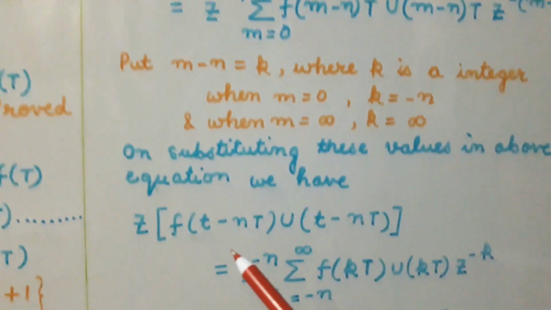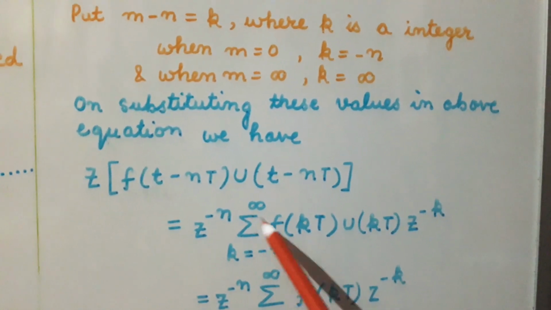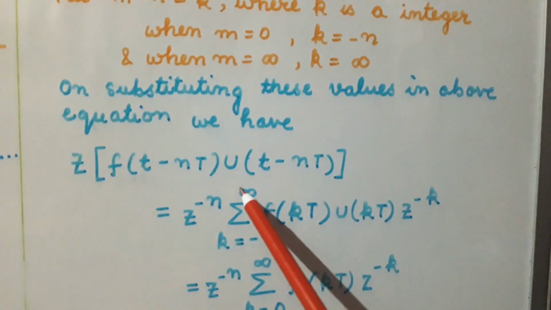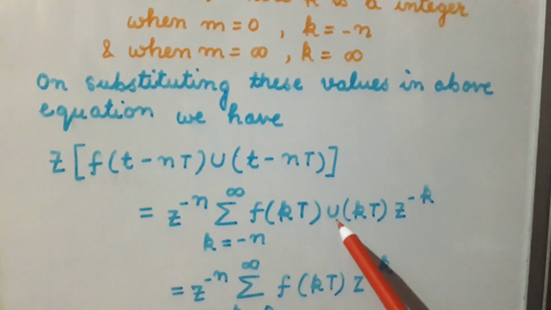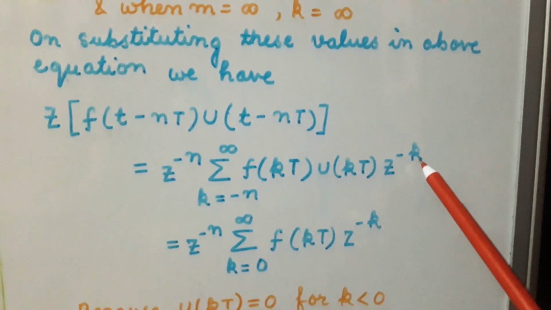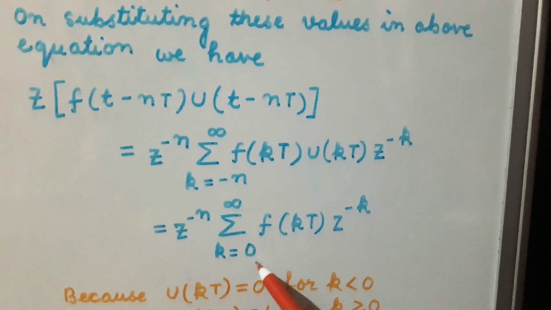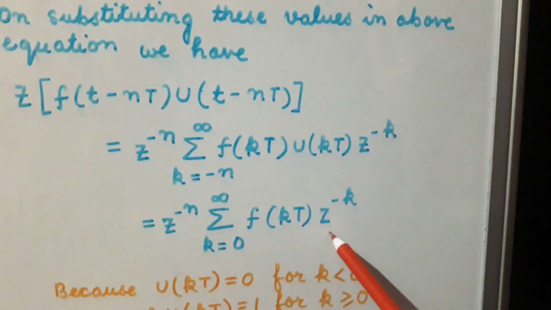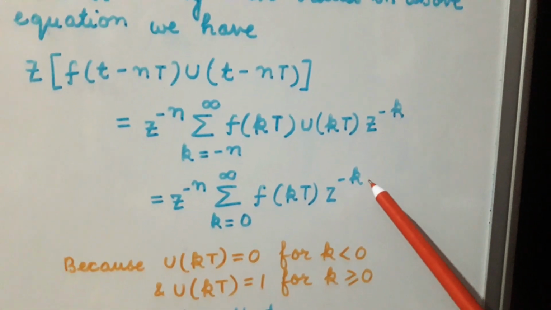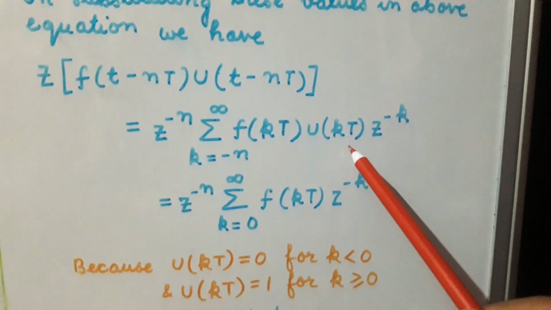So this value will come out to be z to the power minus n summation k equal to minus n to infinity of f(kT) into u(kT) z to the power minus k. This will be equal to z to the power minus n summation k equal to 0 to infinity of f(kT) z to the power minus k, because we know that this is a unit step function.